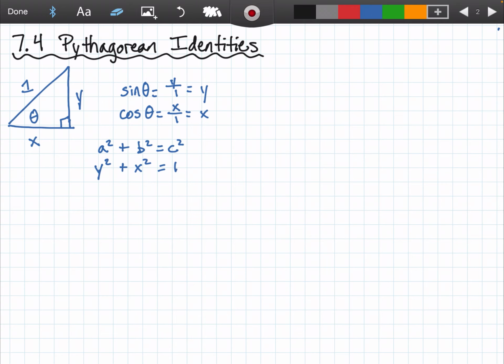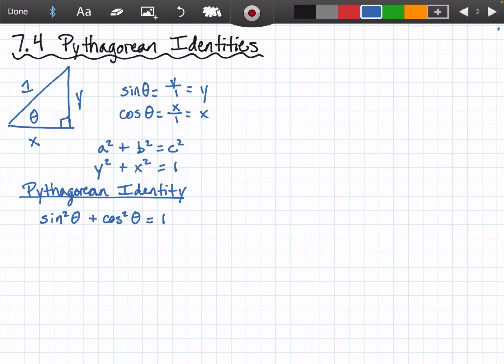And so what we get to is what we call the Pythagorean identity, because it comes from the Pythagorean theorem. Basically, substituting in for that y and x, I get sine squared theta plus cosine squared theta equals 1. And that's our Pythagorean identity.